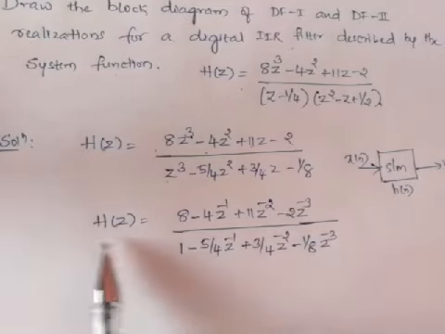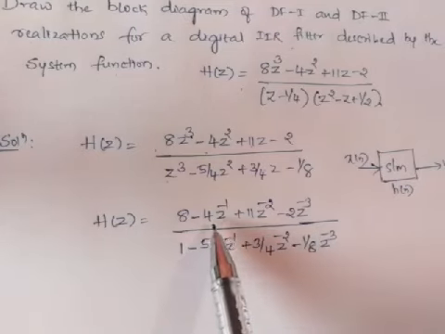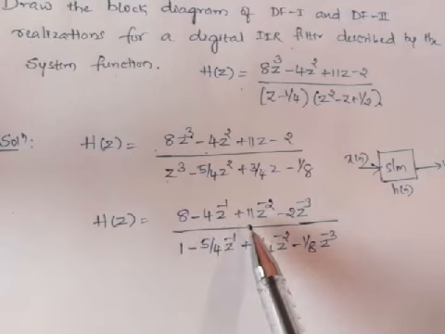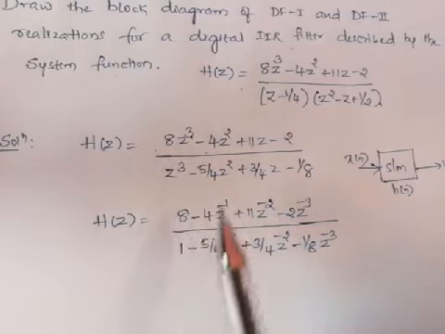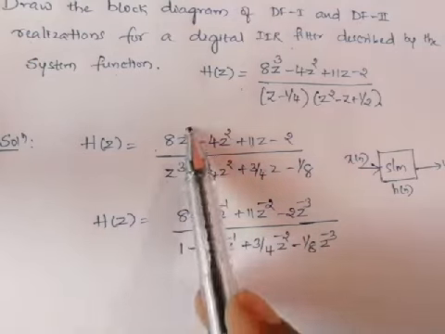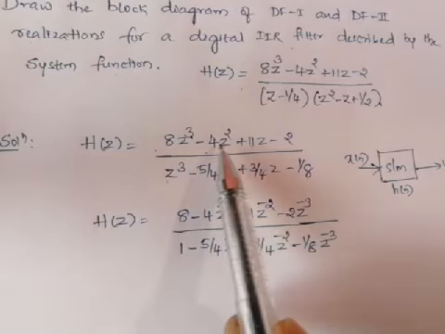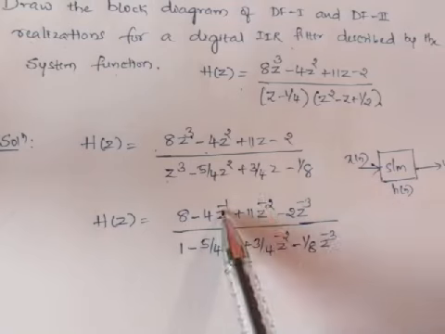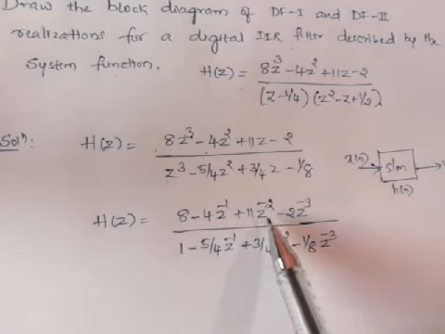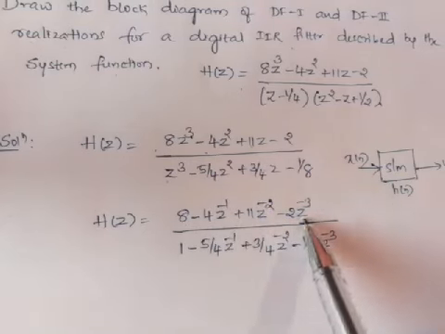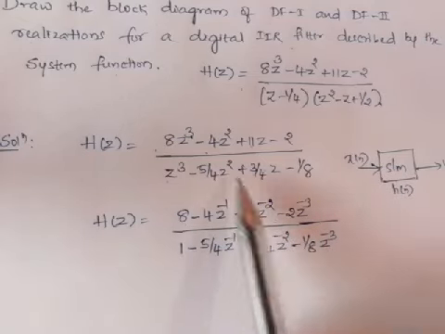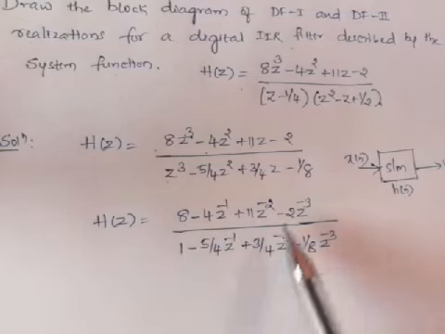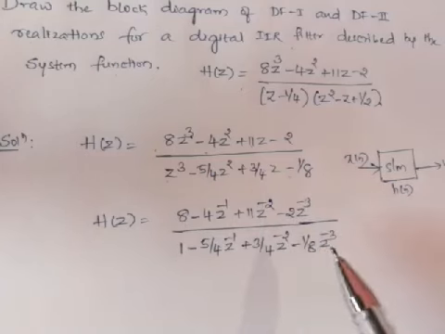Then we get H(z) equal to 8 minus 4 z to the power minus 1 plus 11 z to the power minus 2 minus 2 z to the power minus 3, divided by 1 minus 5/4 z to the power minus 1 plus 3/4 z to the power minus 2 minus 1/8 z to the power minus 3.